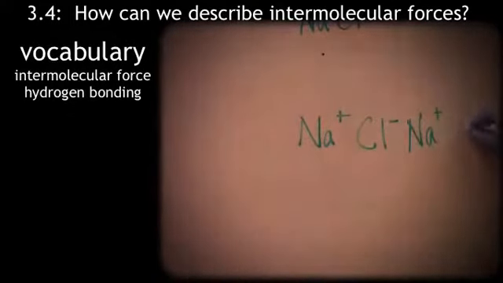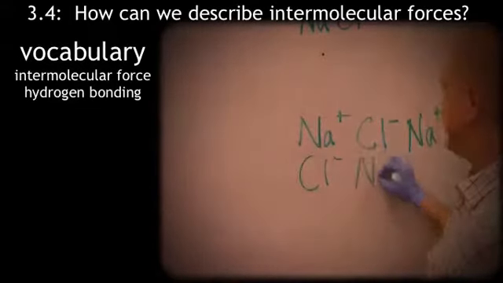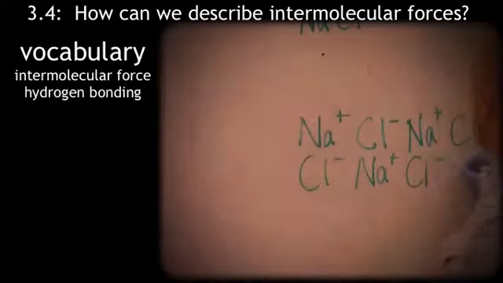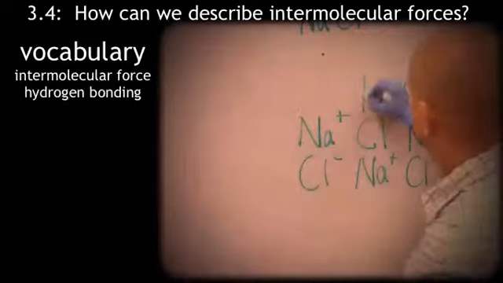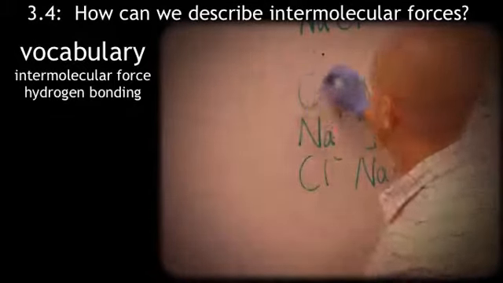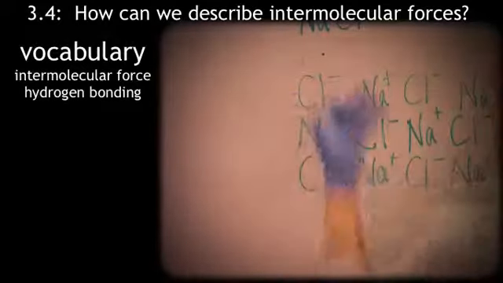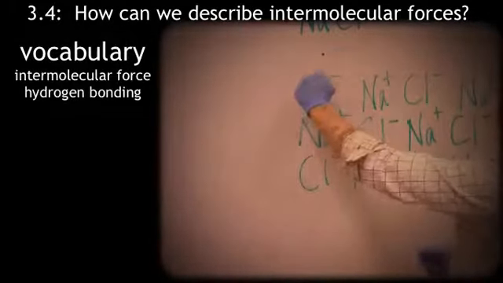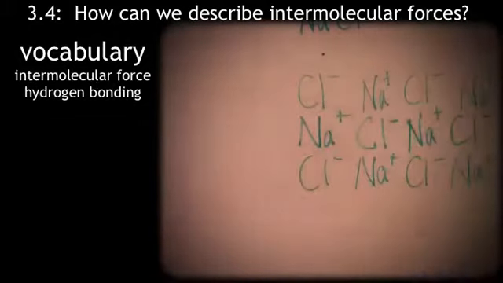So you have another Na plus here, another Cl minus there. You have a Cl minus here, and Na plus here. I think you're getting the picture. Also, it's coming in three dimensions, so this is also coming out at us. So right next to this one would be a sodium, you got a chlorine, you got a sodium, you got a chlorine, and so on.